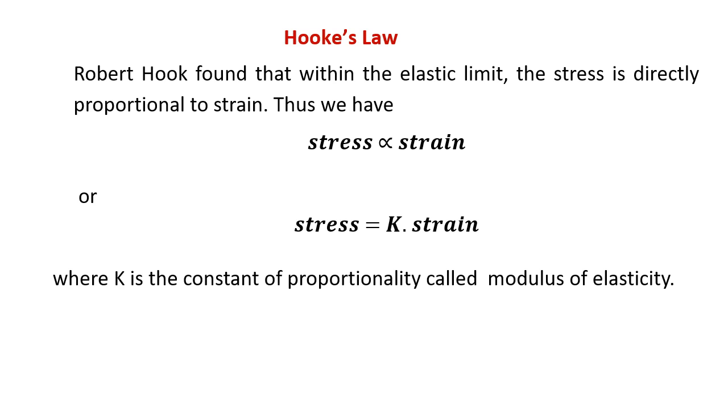The maximum stress within which the body regains its original size and shape after the removal of the deforming force is called the elastic limit. If the deforming force exceeds this elastic limit, the body acquires a permanent deformation and is said to be overstretched.